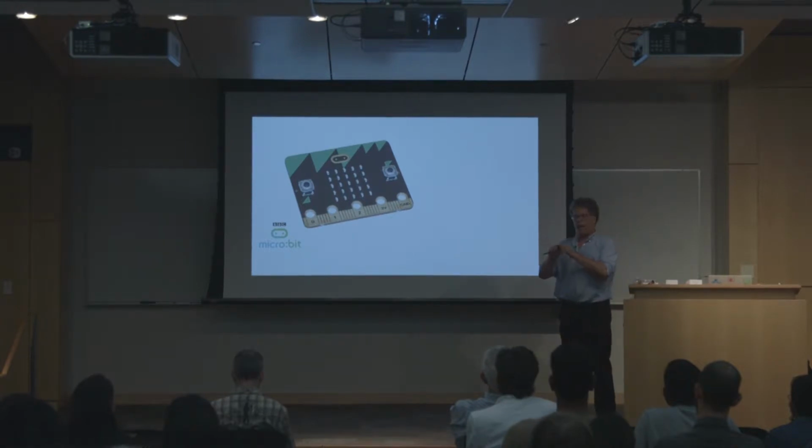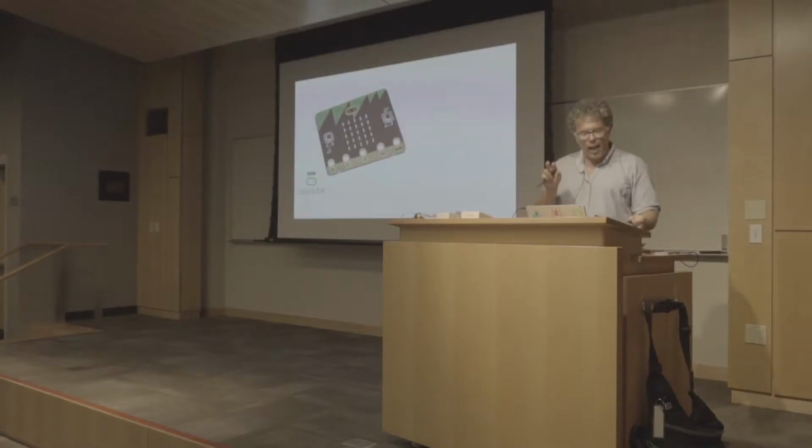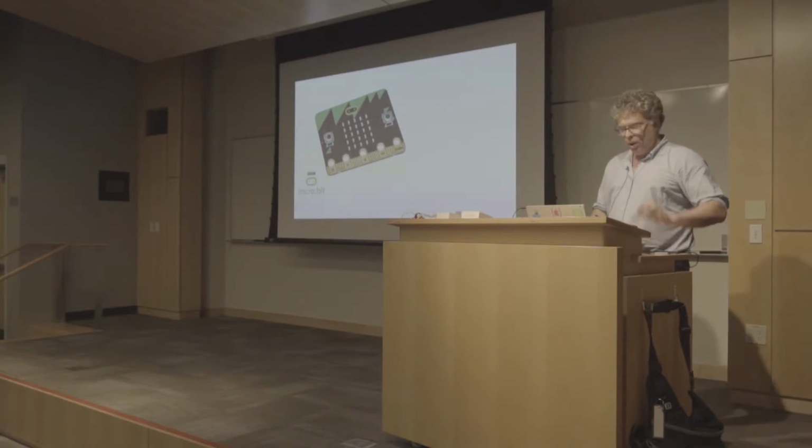So the microbit has a lot more power than the 8-bit computers of Apple II and 6502, and I can't remember what the microprocessor was, but microbit has a bunch of cool tech that's packed in on this little board, which is half the size of a credit card.